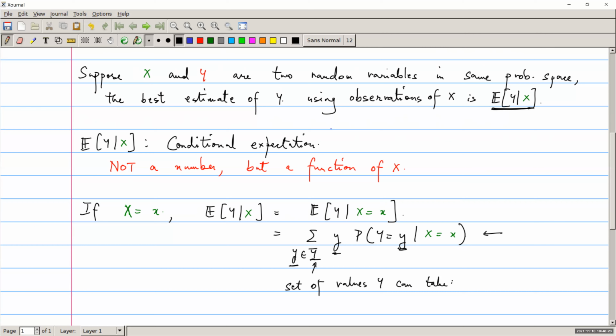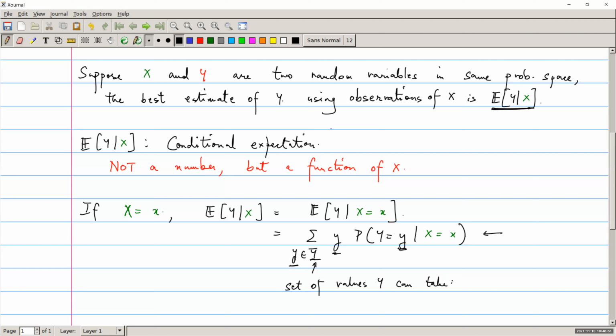If Y is Bernoulli, the set of values is 0 and 1. If Y is geometric, the set of values is 1, 2, 3, or any other natural number.